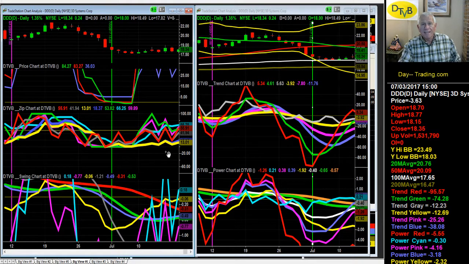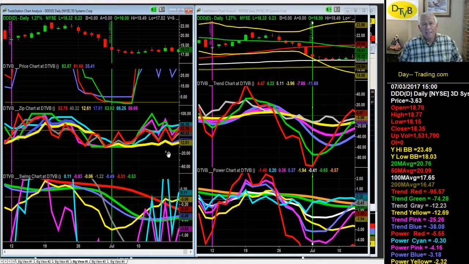We know how fast zip red is, and it's kind of an inverse relationship. Zip red can move 40, 60, 80, 90 points in one day. It's the fastest line length indicator mover in the system that we have. It just jumps out and moves.